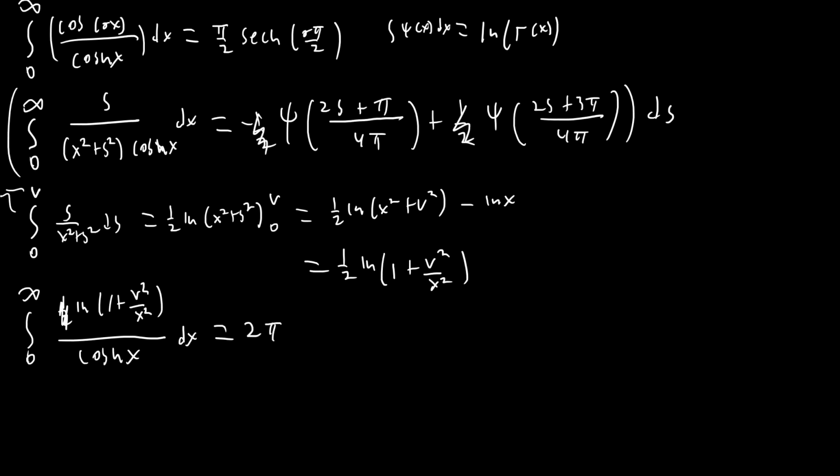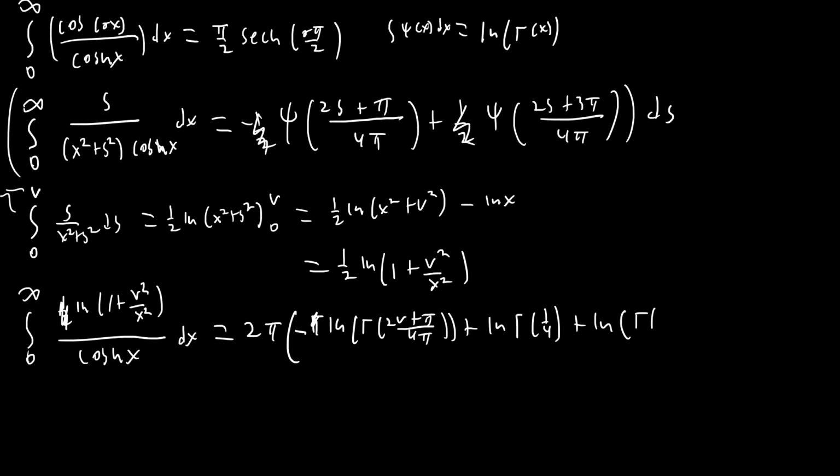So we're going to get 2 pi times the natural log of gamma of (2v plus pi) over 4 pi, with a negative sign, plus natural log of gamma of 1/4, plus natural log of gamma of (2v plus 3 pi) over 4 pi, minus natural log of gamma of 3/4.